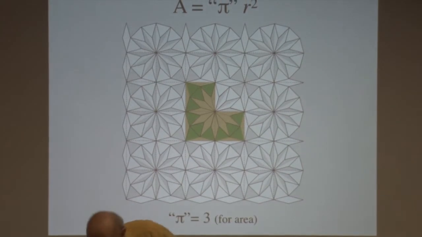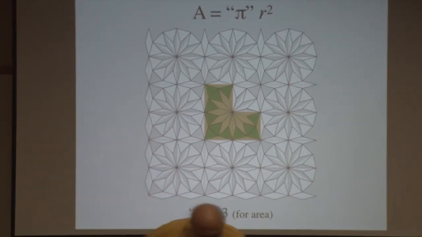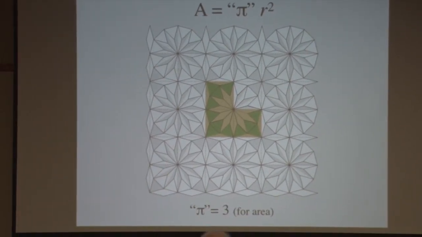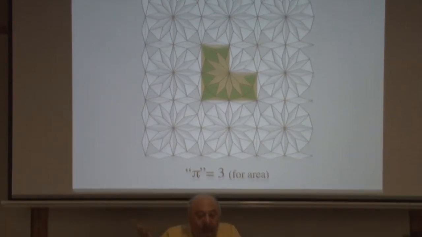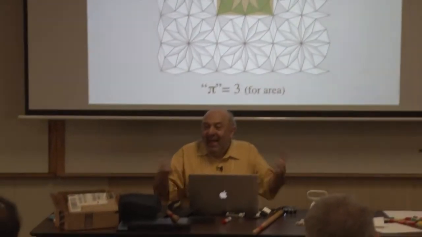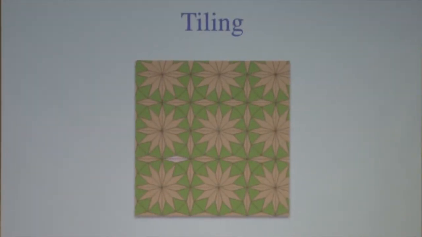It's in the back of my book here. He created this picture and made this argument about the area of a dodecagon. So this is the tiling.